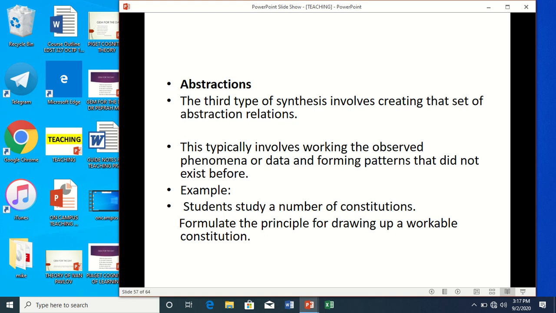If, for example, students of the university here, SRC, pick up constitutions, one from the United States, one from Britain, one from Japan, and then they are able to formulate a principle for drawing up a workable constitution for their school, they have used some other information from somewhere. These are abstractions, but they have come up with a synthesis of what they have taken from different sources, coming out with a workable one.